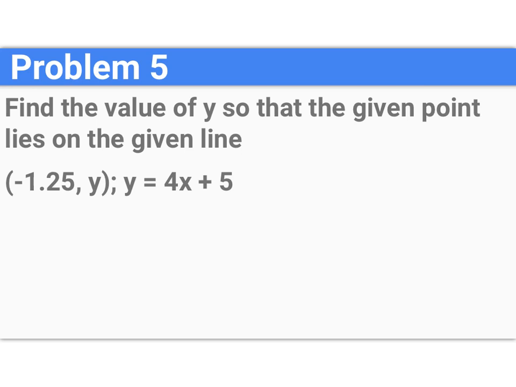All right, find the value of y so that the given point lies on the given line. So we have y equals 4 times negative 1.25 plus 5.